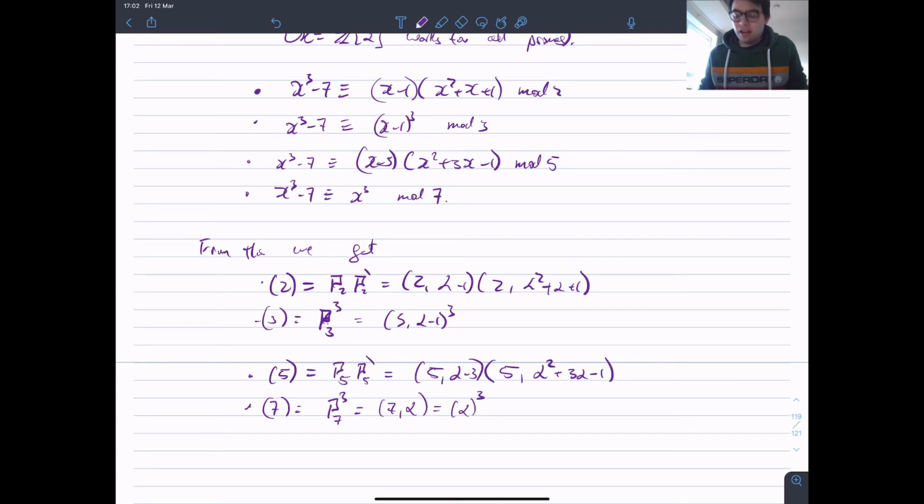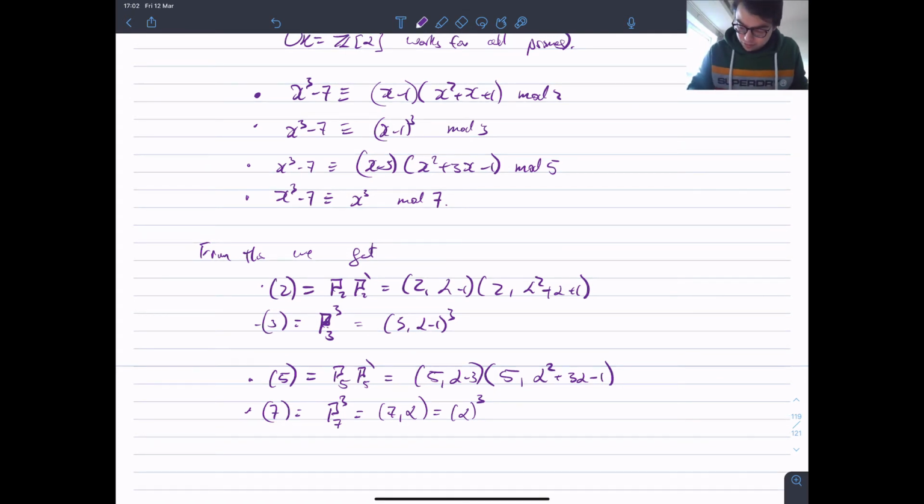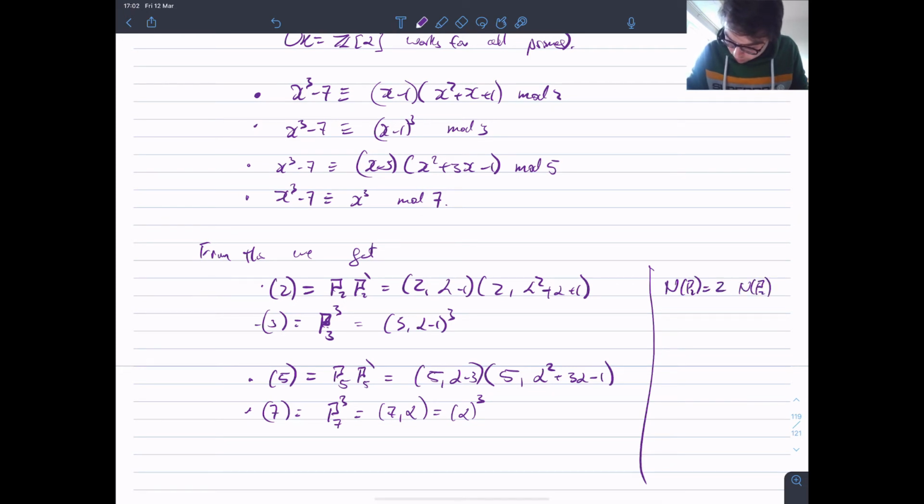In any case, not only do we get the factorization of the ideals, we get their norms. Here we get that the norm of P2 is 2, and the norm of P2 prime is 2 squared. Remember, it's 2 to the residue degree, which is 2 to the degree of the polynomial showing up here. So this is 2 to the 1 because it's a degree 1 polynomial, and 2 to the 2 because it's a degree 2 polynomial.